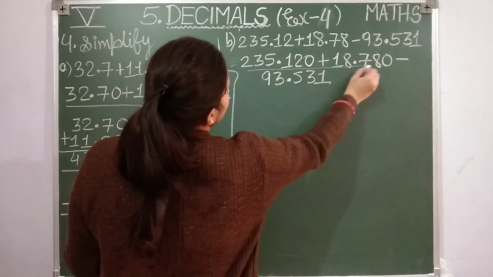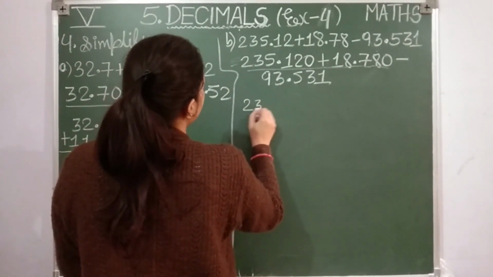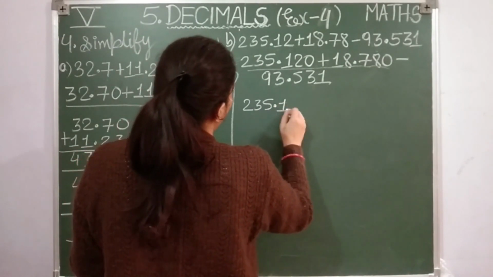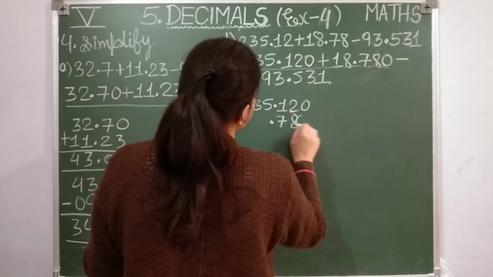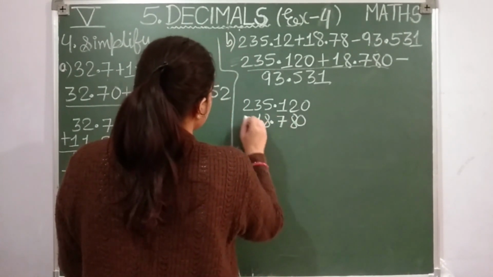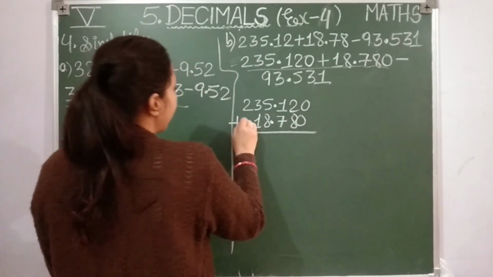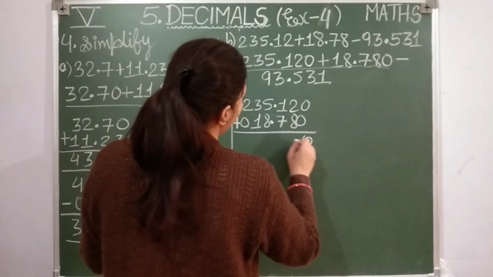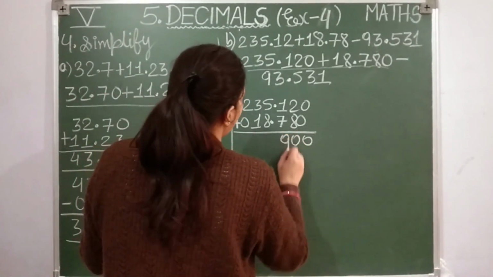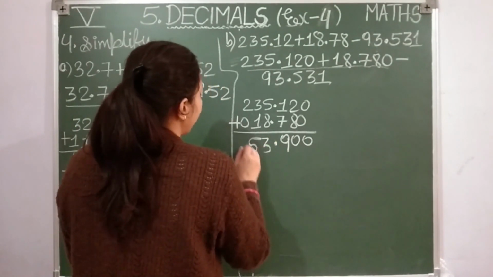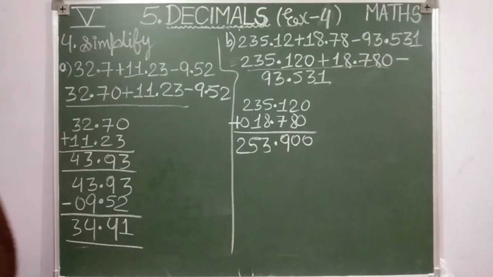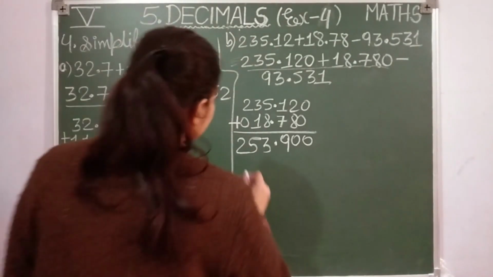So let us add these two first. 235.120, then again put a point and then write the rest of the digits. 18.780. Let us add. 0, 8, 9, 10, 7, 8, 9, point 8, 9, 11, 12, 13, 5, 2, like this. Okay, so this is the sum, students.